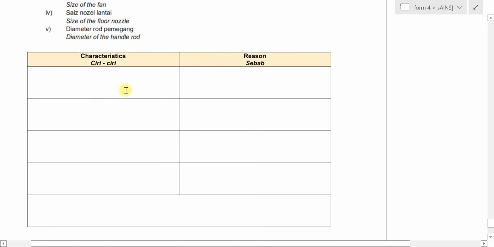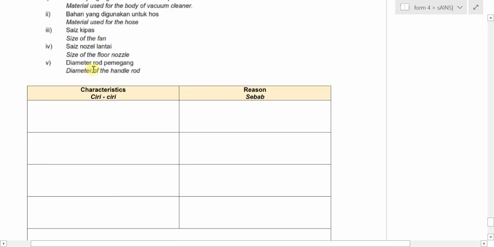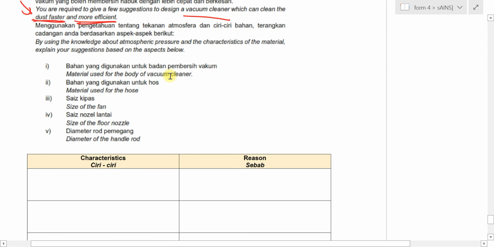You need to give in terms of these 5 characteristics. First, what kind of material is used for the body of the vacuum cleaner? A vacuum cleaner is something you want to carry around, so it must be a low density material. But don't write more efficient or clean dust faster anywhere. That is the ultimate point. So it is lighter.